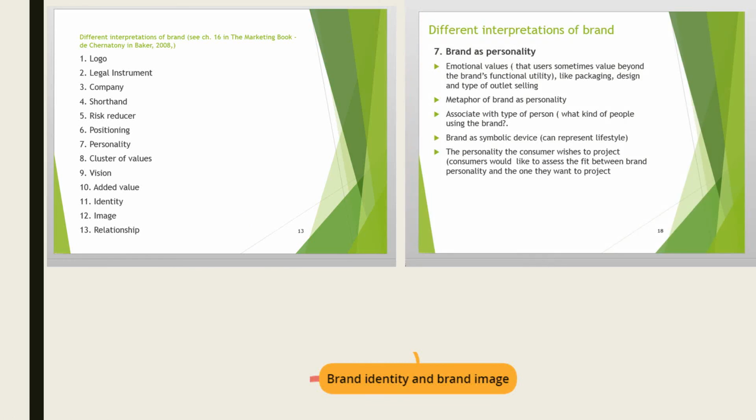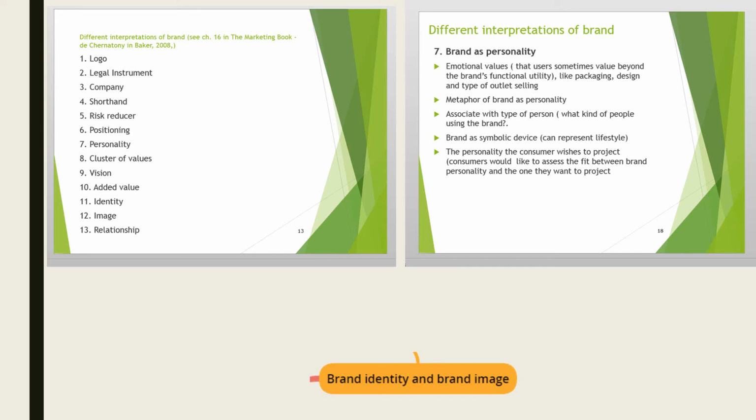So, if we look at number 7, brand as a personality. That's where the logo ties in, and there are other things that tie in with that. But those are the different things you can talk about, emotional values. With, say, an Apple Watch, it's not just about what the watch does, but also about what brand it is and what sort of person is going to have it.